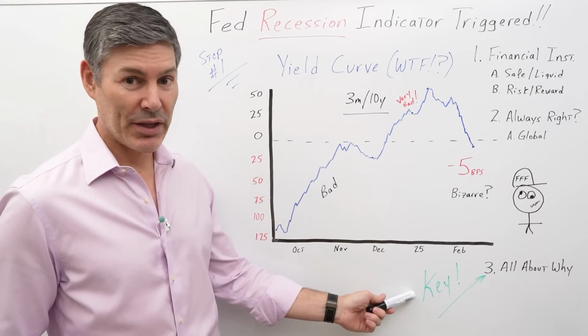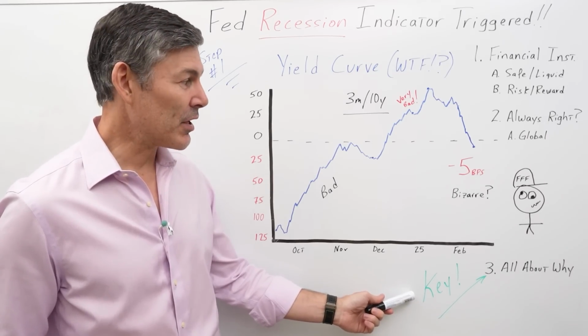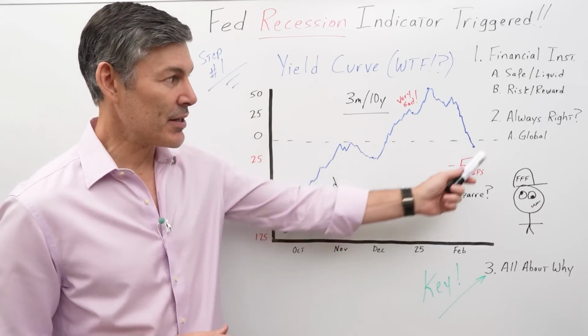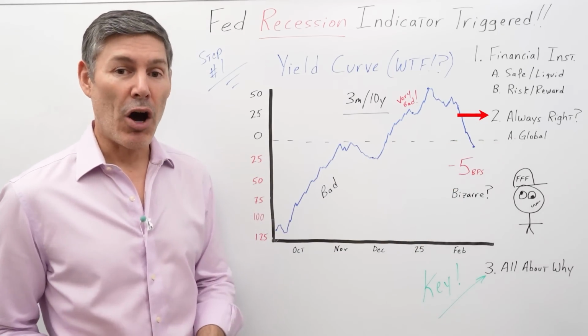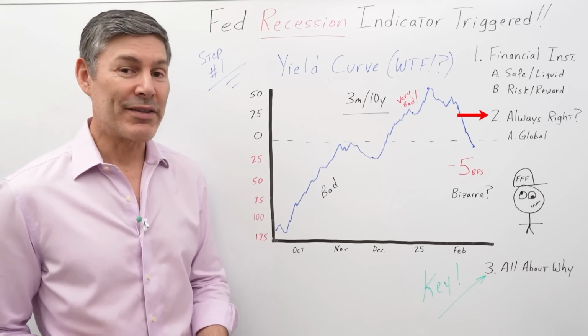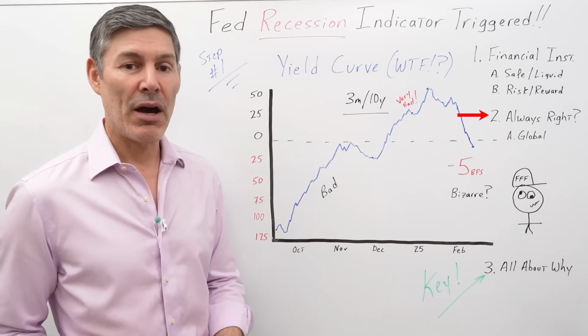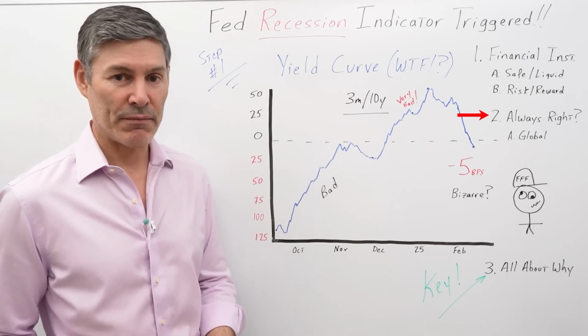This is really the key, and it's why we have to include the yield curve in our analysis, even if it's not always correct or doesn't give us much information as far as the timing of an economic contraction.